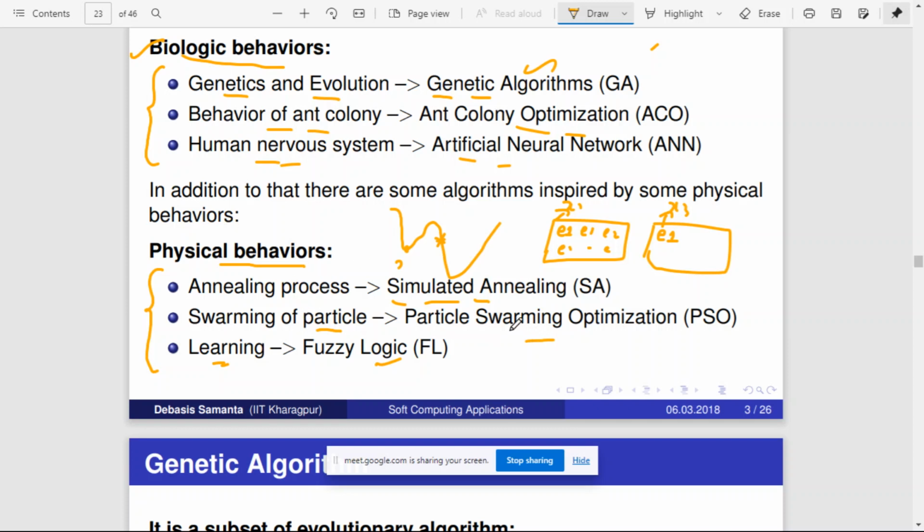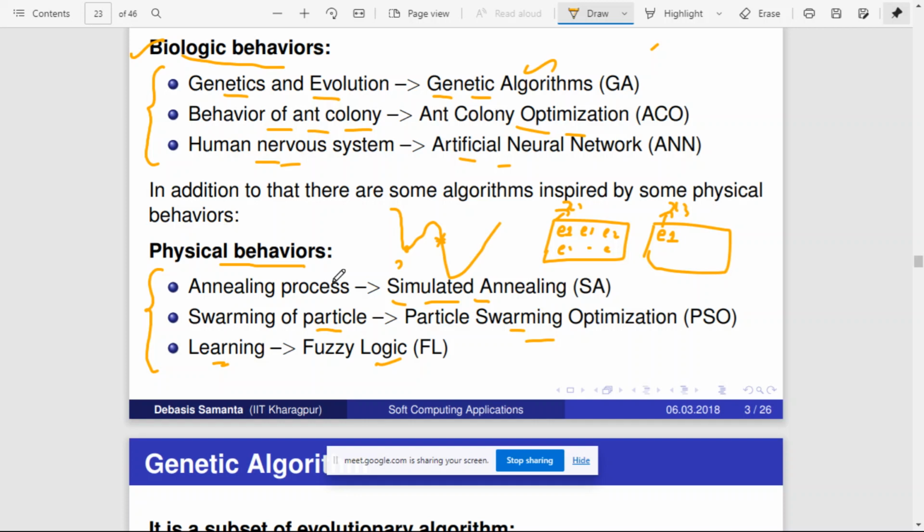Similarly, particle swarm optimization is inspired from the swarming of particles. Ant colony optimization is inspired only from ants, while particle swarm optimization is inspired from different species, like birds. Sometimes many birds form a group and fly, moving from one country to another.